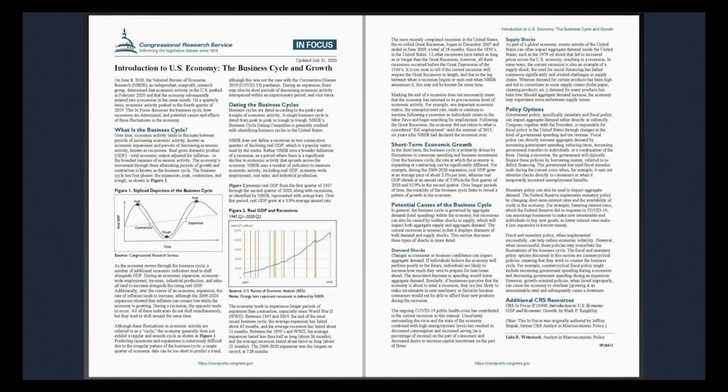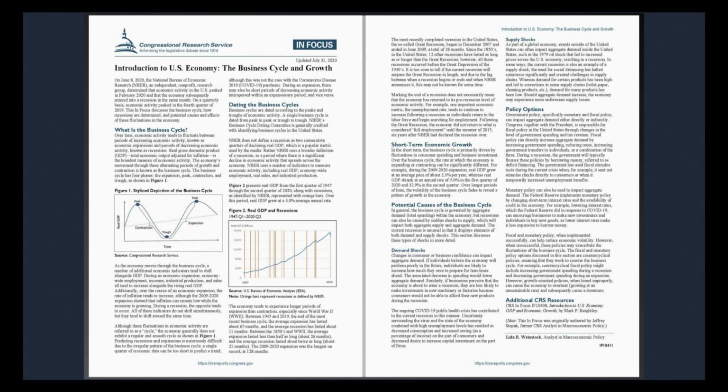Policy options. Government policy, specifically monetary and fiscal policy, can impact aggregate demand either directly or indirectly. Congress, together with the President, is responsible for fiscal policy in the United States through changes in the level of government spending and tax revenue. Fiscal policy can directly increase aggregate demand by increasing government spending, reducing taxes, increasing government transfers to individuals, or a combination of the three.